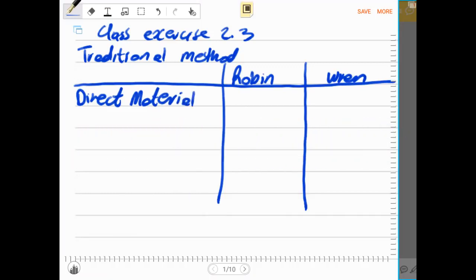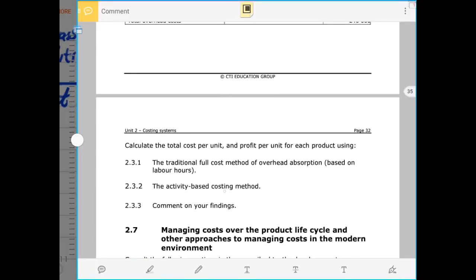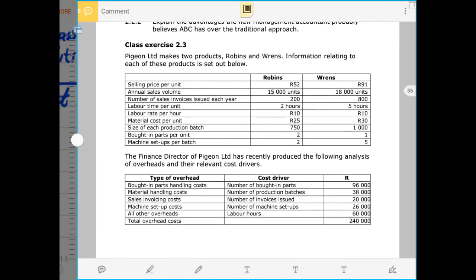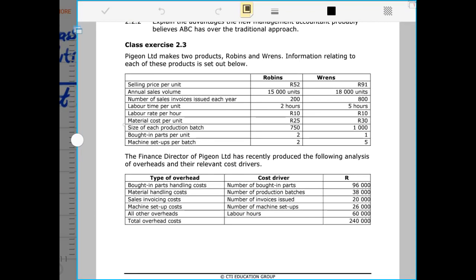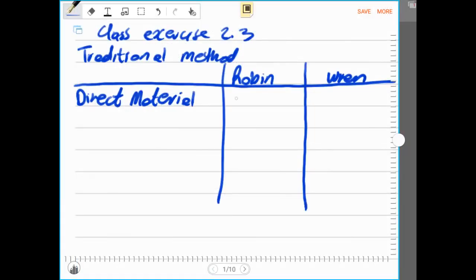In the information that was given, the material cost per unit is 25 rand and 30 rand respectively for Robins and Wrens. Then we write the 25 rand, which is direct material cost, and the 30 rand.